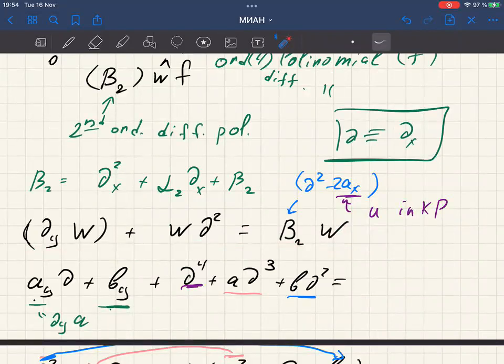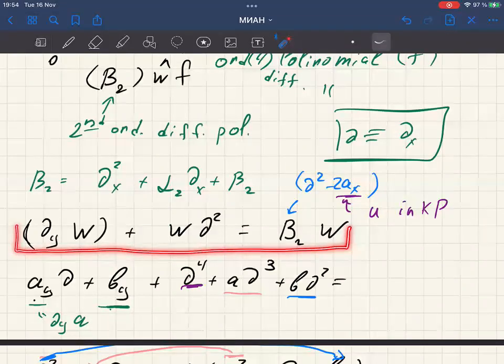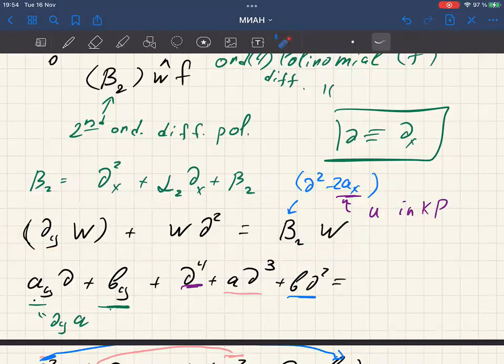Okay, I just wanted to tell that in the definition, the KP hierarchy is a generalization of this equation where this W becomes a pseudodifferential operator.